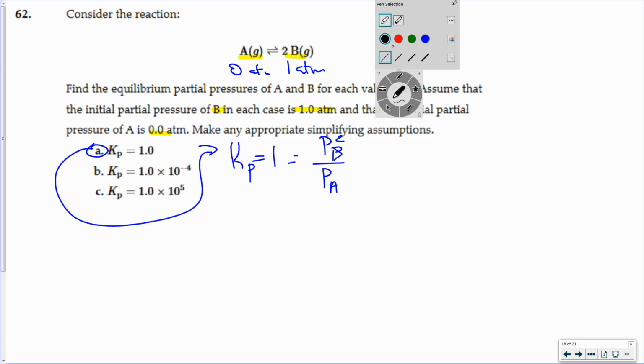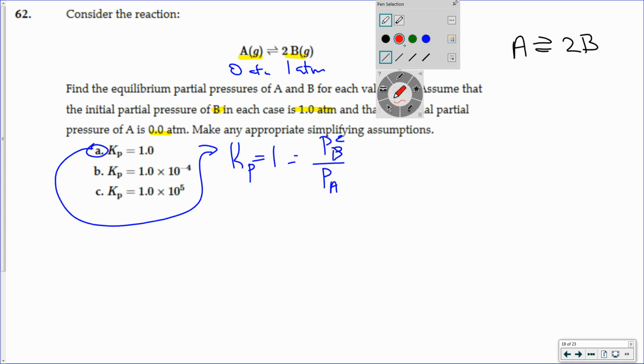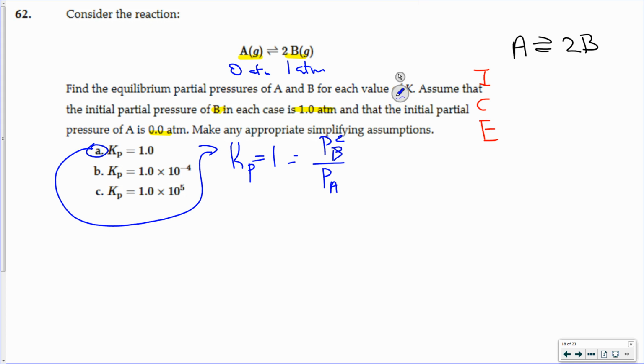So our reaction, a little simpler, I'll write it over here to give ourselves plenty of room: A yields B, and initial, change, and what's at equilibrium. We know initially there's not any of A, and we know that B is at 1 atmosphere.